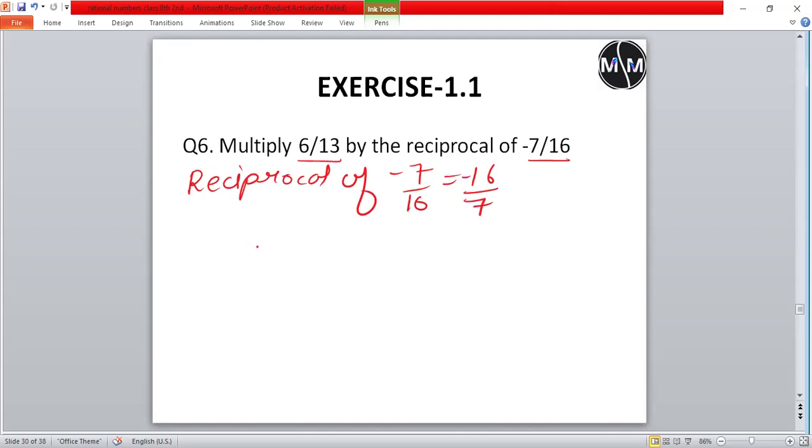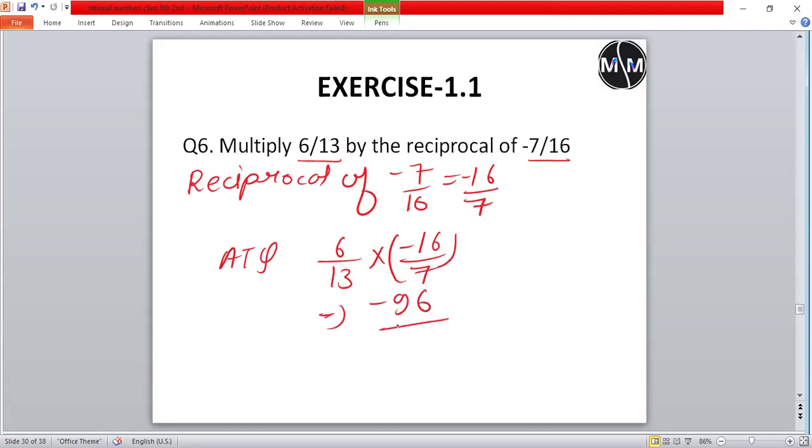So 6 by 13 multiplied by minus 16 by 7. 6 times 16 is 96, and 13 times 7 is 91. We will get minus 96 by 91.